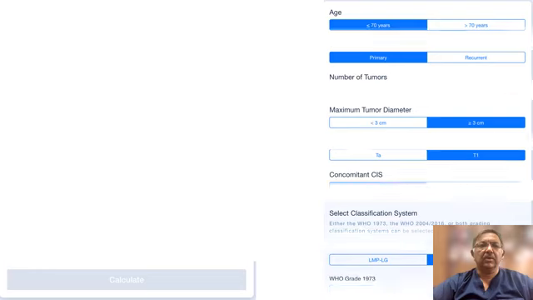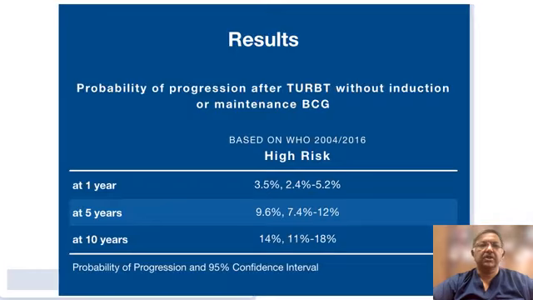Based upon these parameters, this patient has a probability of progression after TURBT without induction or maintenance BCG, and is categorized as a high-risk bladder cancer with 1-year progression of 3.5%, 5-year about 10%, and 10 years about 14%. Based upon these factors, you would recommend treatment for your patient.